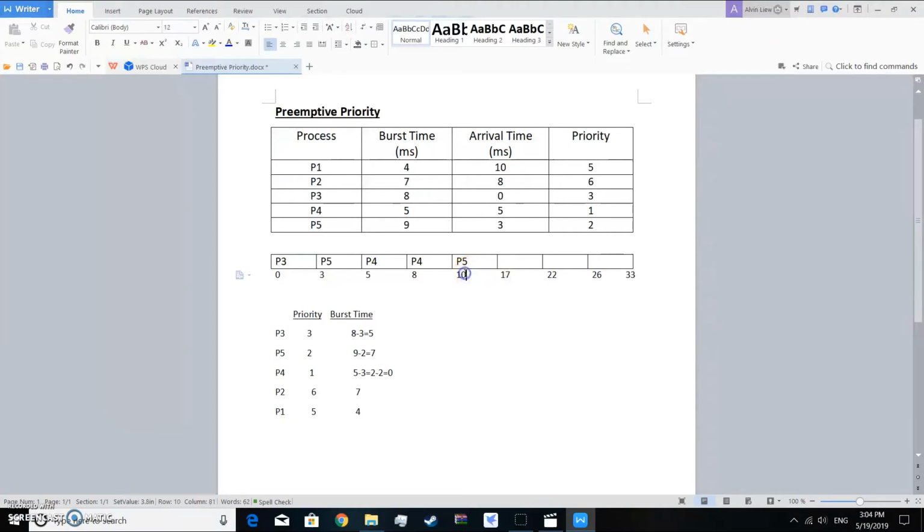And below here is its remaining burst time. After this, we choose P3 and add its remaining burst time. After this, P1 and P2.